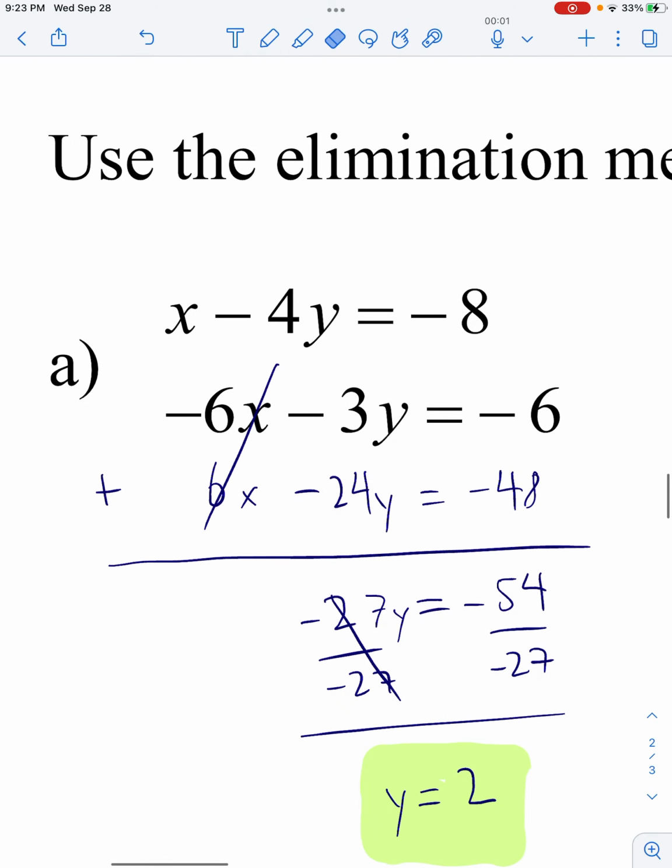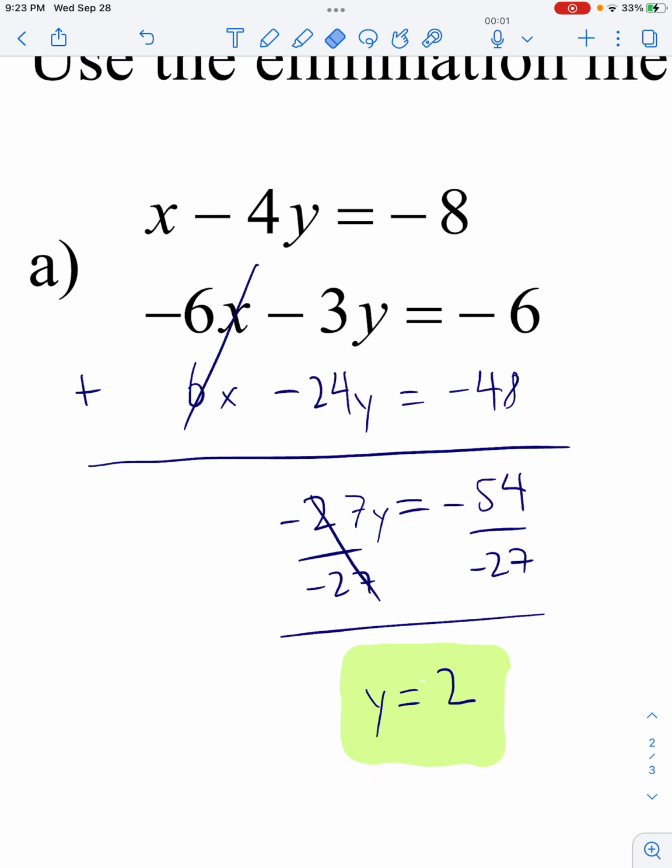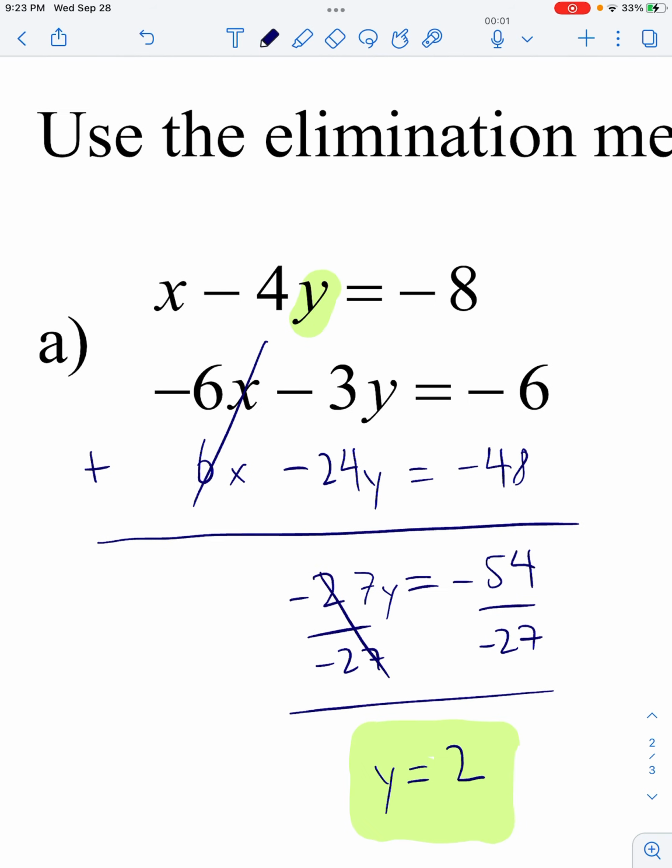Okay, x minus 4y equals negative 8. And what I can do is plug in my y into this equation. I know y is equal to 2 now, so I can just plug it in up here. I get x minus 4 times 2 equals negative 8.